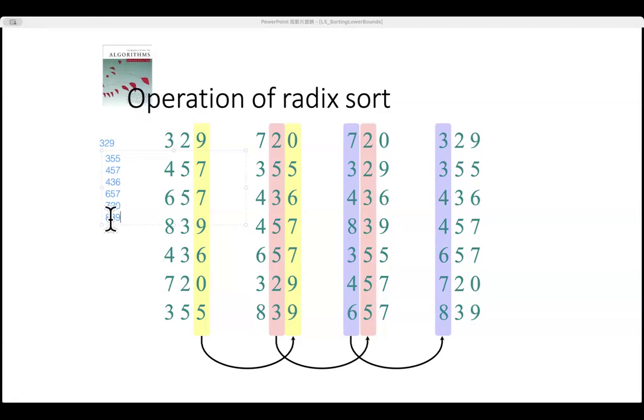Then based on this, let's start sorting the second digit. Let me write it down here. So the smallest is 2, right? So it's still 329. And then the second is 720, right? And then we've done with 2. And we have 3, 436.